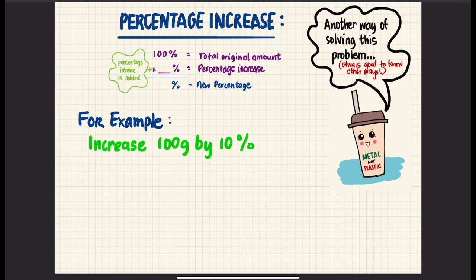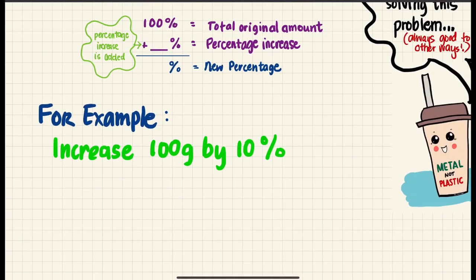Another way of solving this problem, as it's always good to know other ways, is this. You know that we are looking at 100% as the representation of the total original amount. So this is equal to 100 grams. Why?